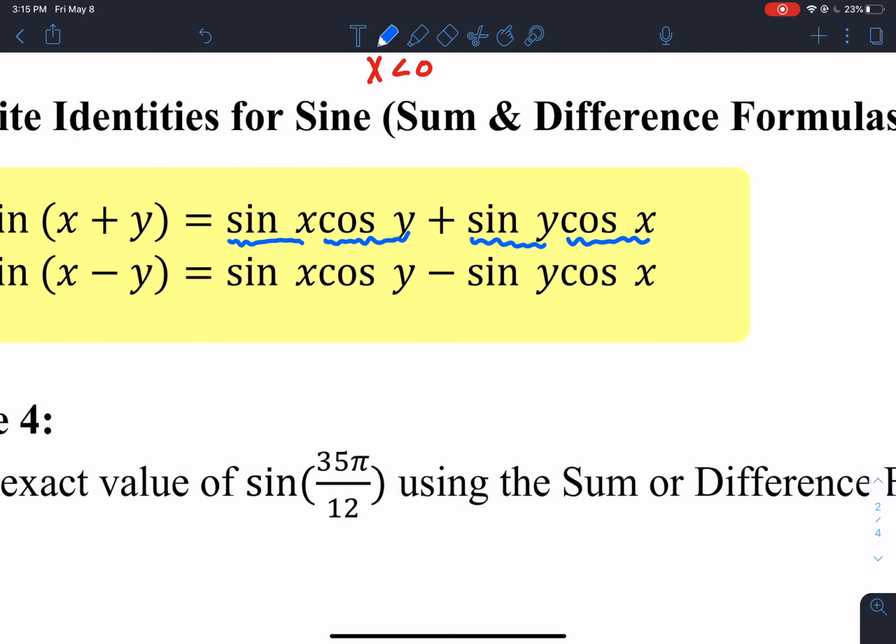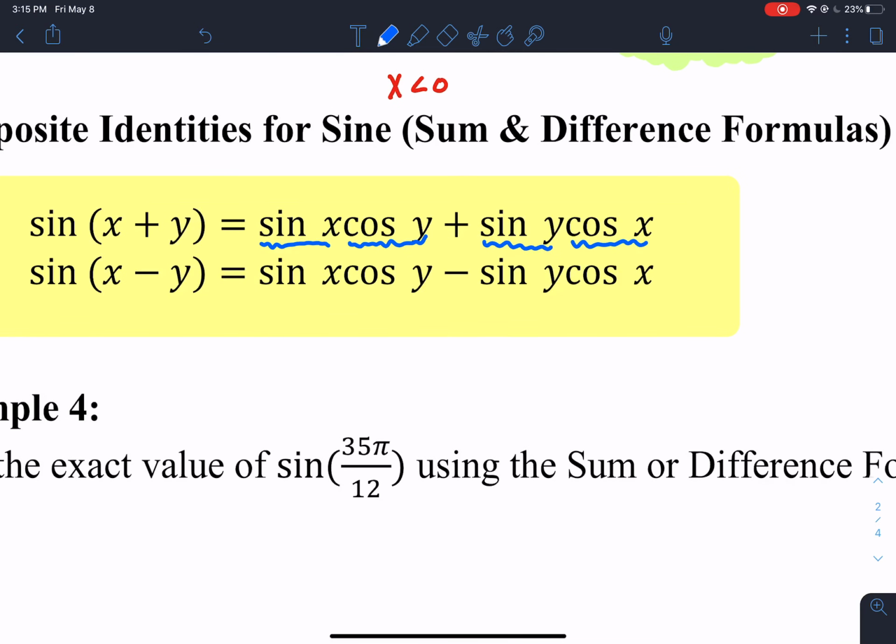And then the difference formula is just the opposite of that. Sine of the first, cosine of the second, minus sine of the second, cosine of the first, all right? So again, you just need to identify which two angles you want to call your first and your second.